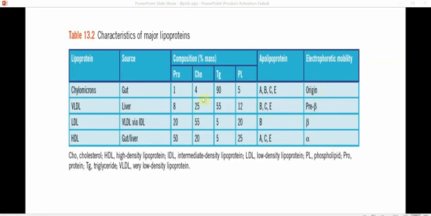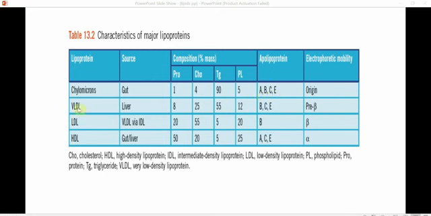The protein part, which forms the important part of the lipoproteins, is named apolipoprotein. The term apo represents the protein part of the lipoprotein particles, which has been found to occur in several types: A, B, C or E types.